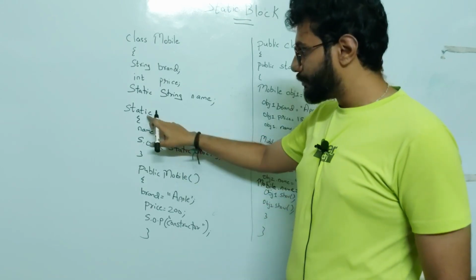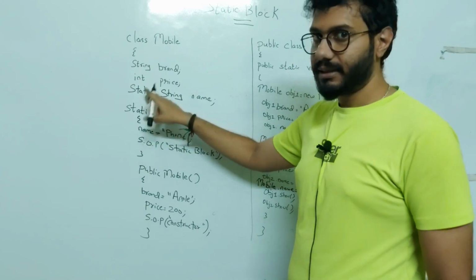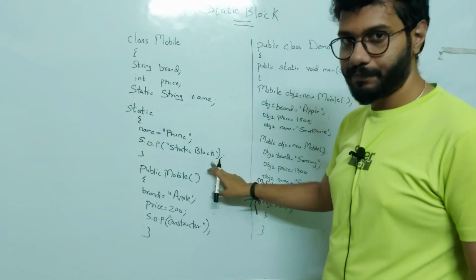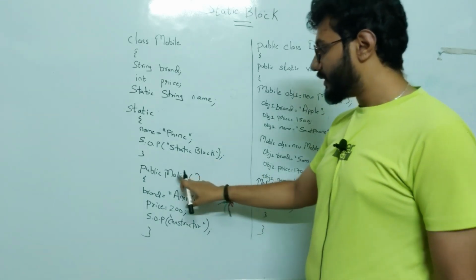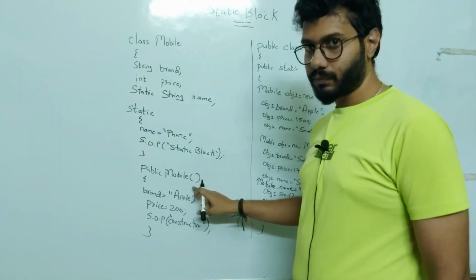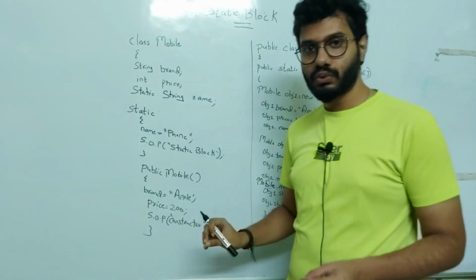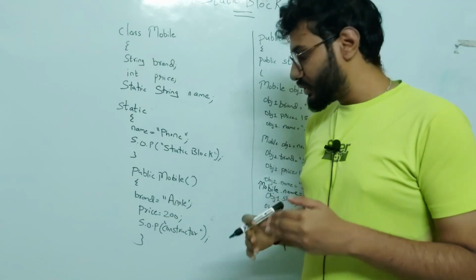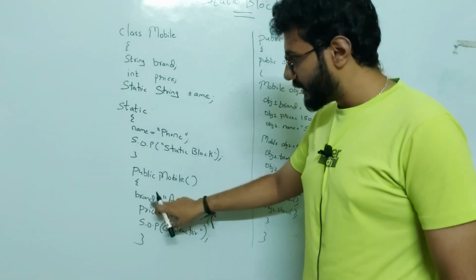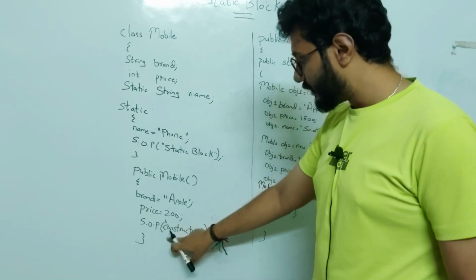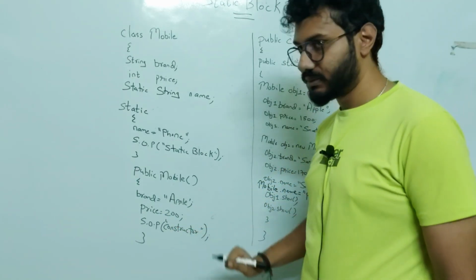The static block is used to initialize the static variable name to phone, and you are printing it as static block. And we have a constructor here, mobile. We have a constructor which is used to initialize the instance variables brand and price, and we are giving the output as constructor.